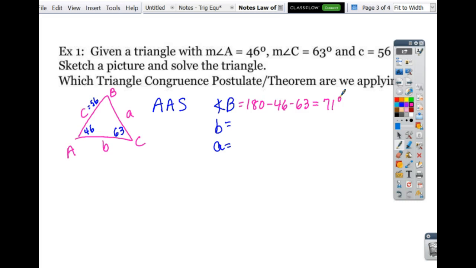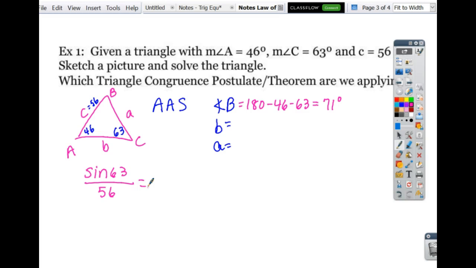So if I want to do the law of sines now to find the other two sides, first of all, which one am I given that I have the angle and the opposite side? I'm going to start with that one because you have both of those. So I'm going to have the sine of 63 over 56. It doesn't matter if we do B or A next.